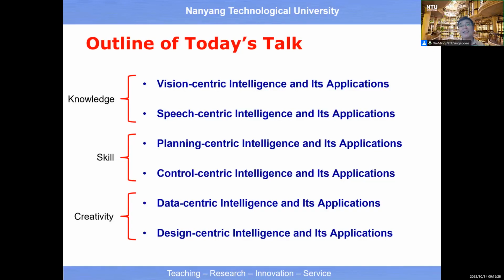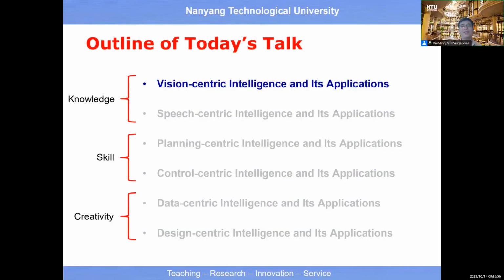Design does not mean copying, just blindly copying other people's work, right? So creativity must be there, or individual creativity must be there, right? So today we are going to go through and learn some typical examples which are related to knowledge-centric application, skill-centric application, creativity-centric application.